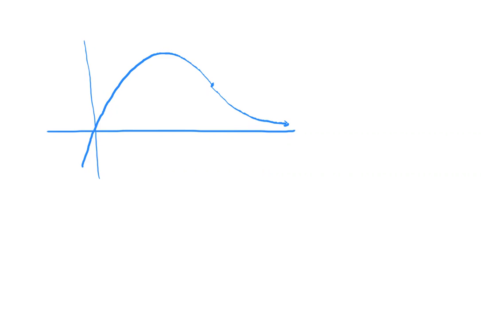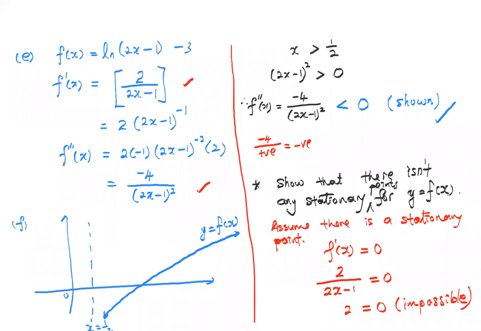Graph the function, show the features you have found. When I say show the features that you have found, I go back to here. There is a vertical asymptote and the x-intercept.